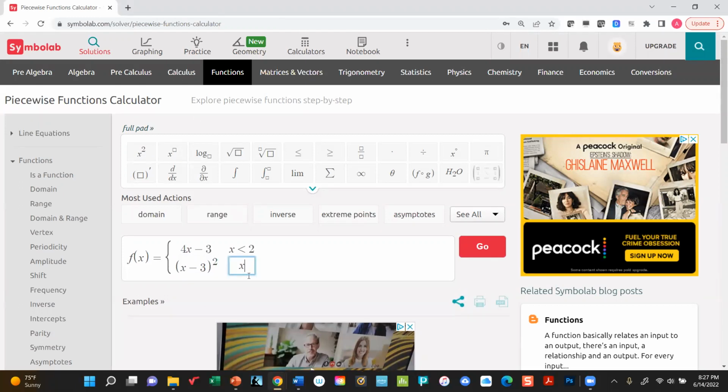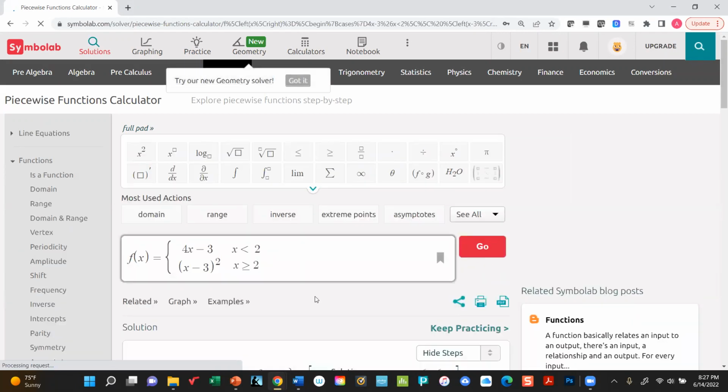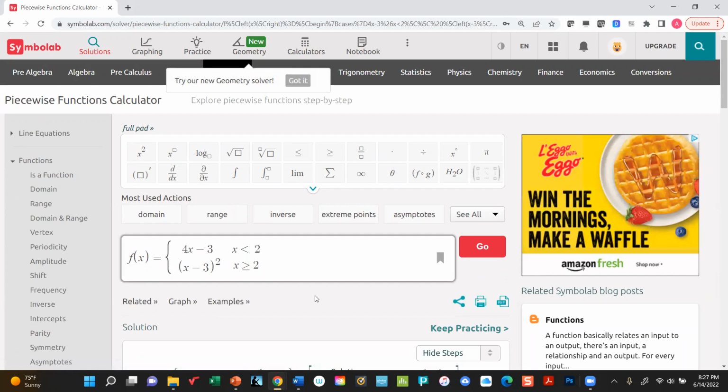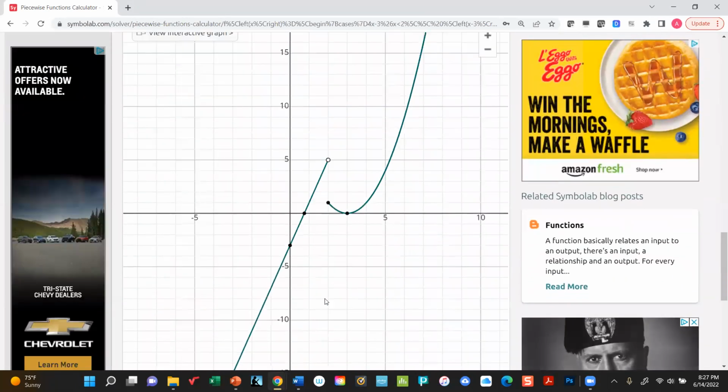Okay, so when x is greater than or equal to 2, the function equals x minus 3 squared. All right, so let's take a look at this thing. Now that's a bizarre function, okay?